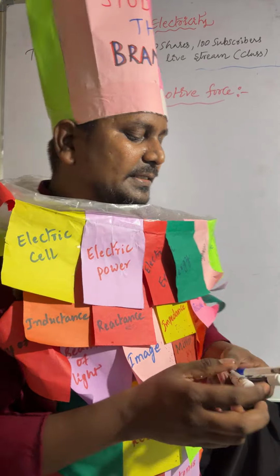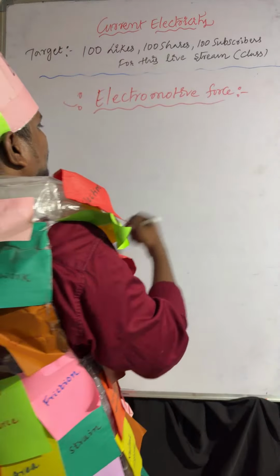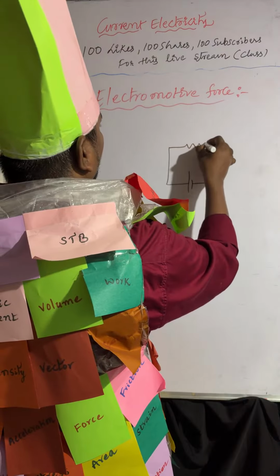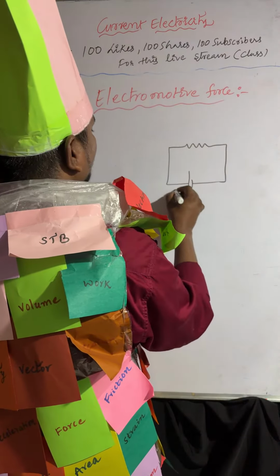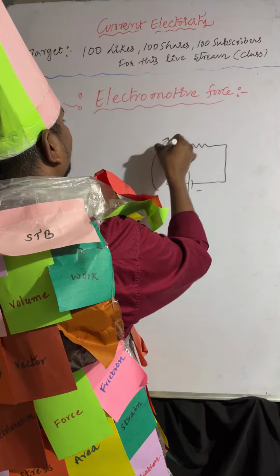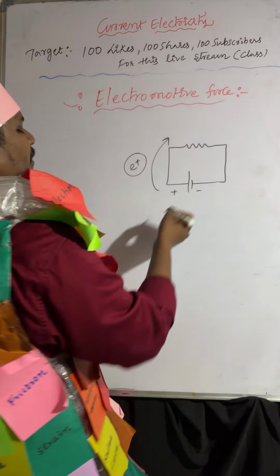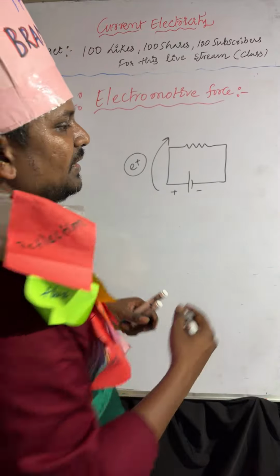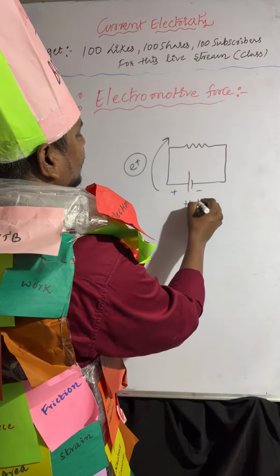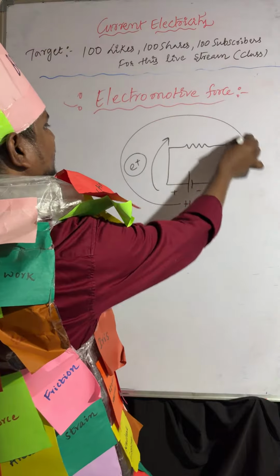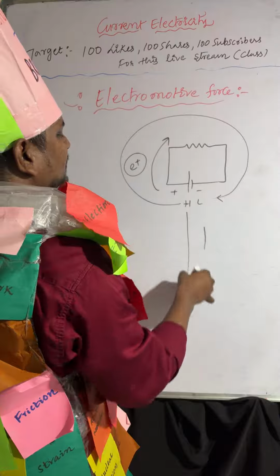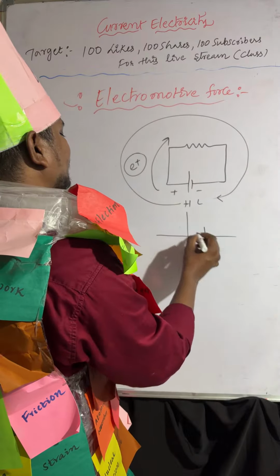So when you connect the cell to the circuit, we know that the current will pass, so positive charges will move from the positive terminal to the negative terminal. That is nothing but high potential to low potential. But in the cell, the positive charge is at low potential.